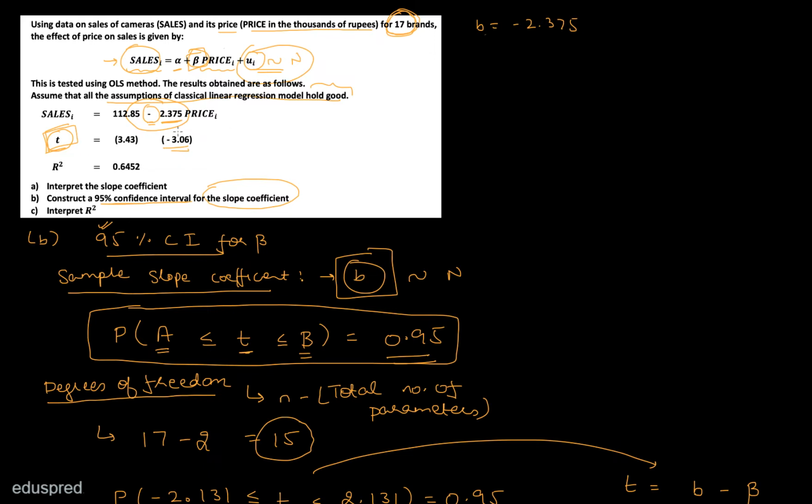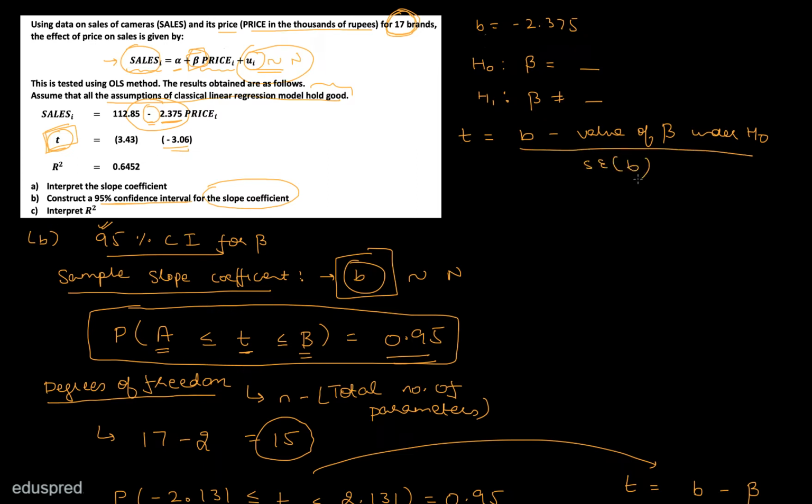What I'm trying to say is that if you are doing hypothesis testing, and let's say you have beta equal to something over here and beta not equal to something over here, then when you find the t value, you write b minus the value of beta under the null hypothesis divided by standard error of b, right?